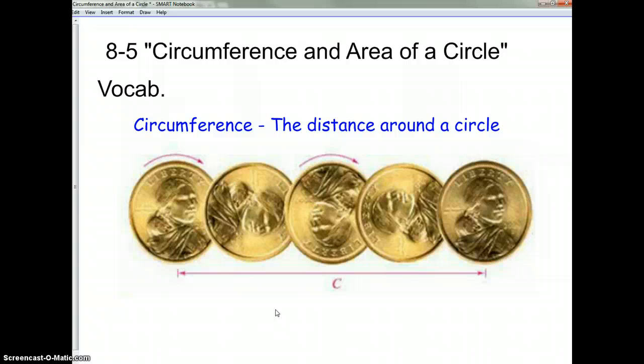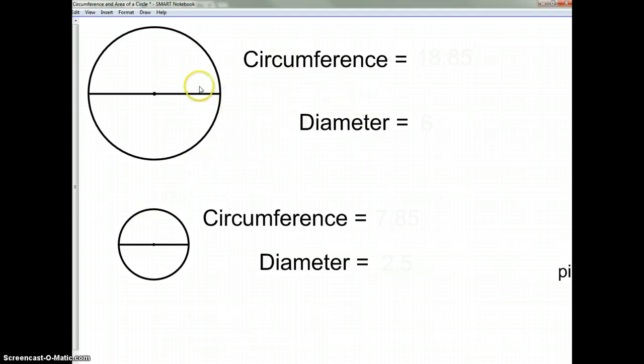And we're going to talk about that here just a little bit to make sure that you guys understand what that exactly is. All right, hopefully everybody's had time to write that down. So now we have two circles here, and we have the circumference, which is the distance all the way around, and then the diameter, which is the distance across a circle, always going through the center.